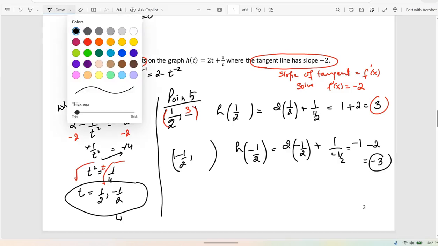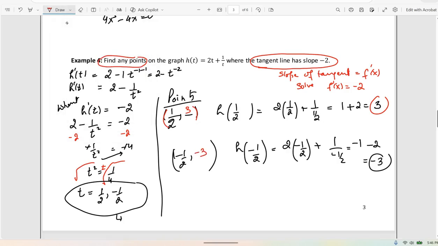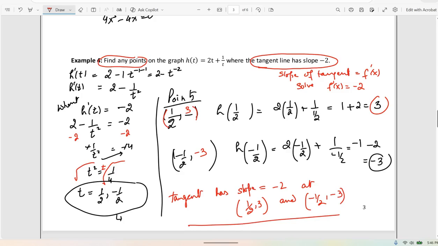So we are going to write that in here. So our final answer: tangent has slope equal to -2 at half, 3 and -half, -3. That's how you're going to write the answer to the question.